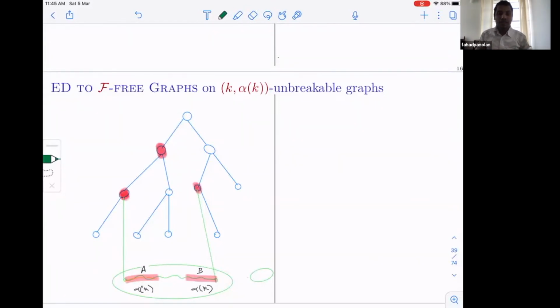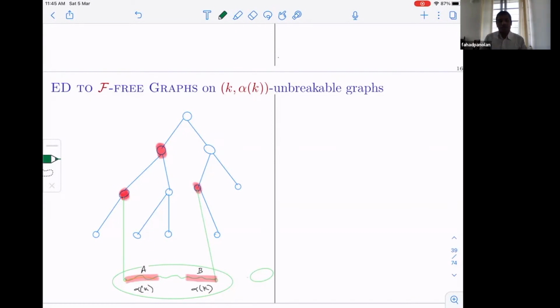After exhaustively doing this branching, we will have this elimination tree partially filled. The filled locations are marked red, and the locations not marked red are vacant, expecting some vertices from G minus these filled vertices.